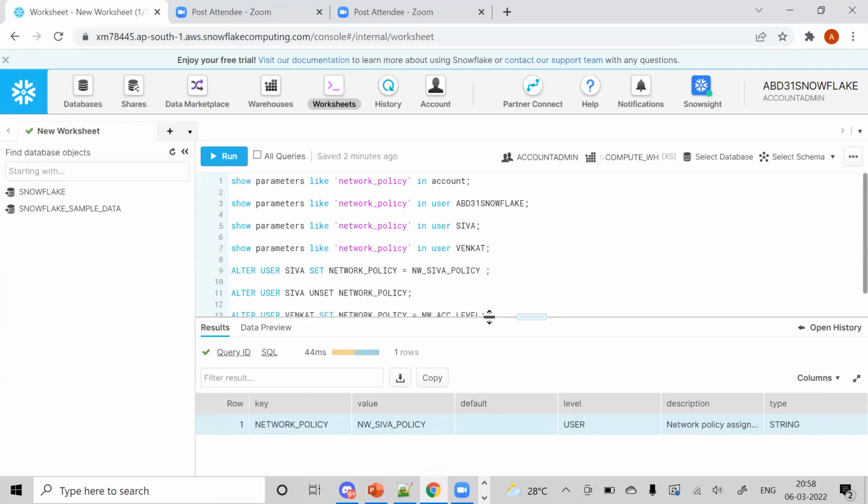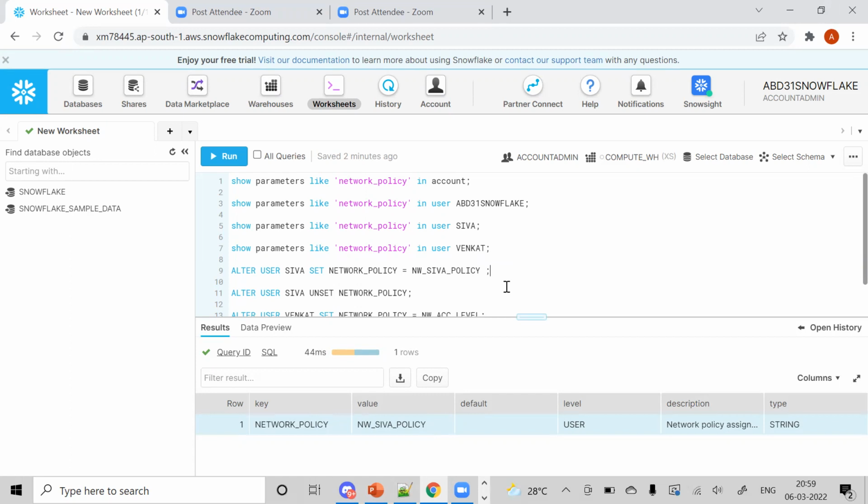So Venkat, you are still not able to log in, right? Can you confirm? And Shiva, you are able to log in. Can you please confirm? I check now. I'm able to log in. Great. So what it shows is if we have an account level policy, and then we created another user level policy which will enable me to log in.